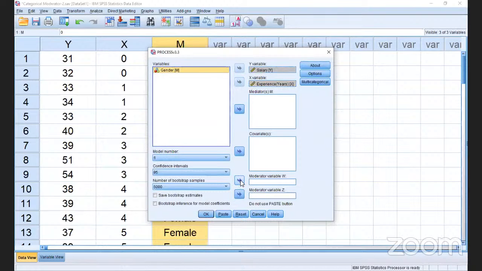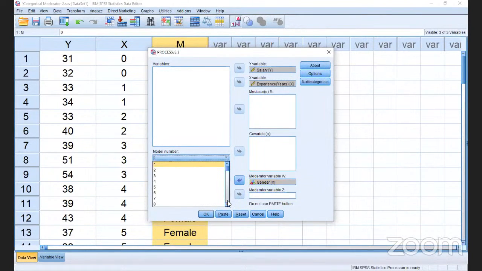So I am transferring here the moderator variable W. This is model number one. Yesterday I told you there are lots of models in mediation and moderation: 1, 2, 3, 4, 5. So before applying the particular technique, we should select which model we are working in. So we are working with model number one.